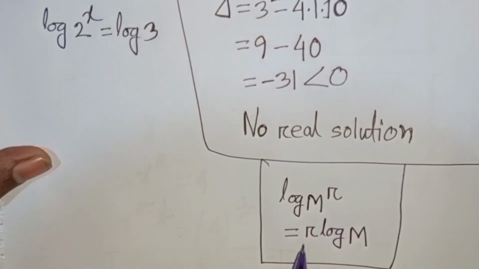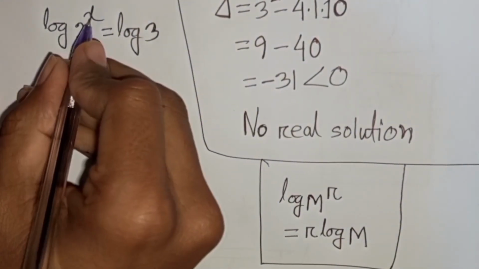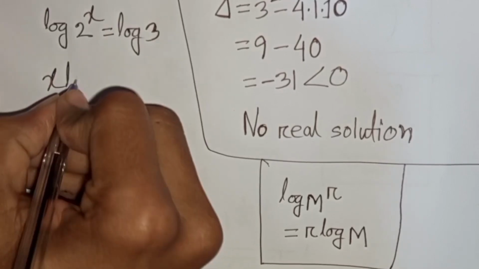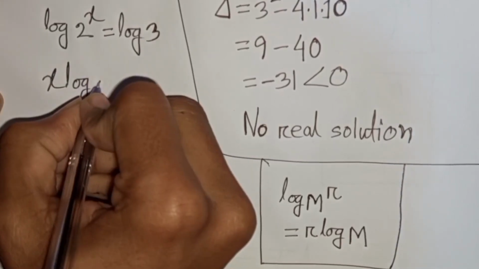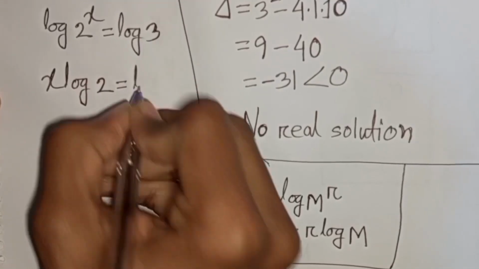That means this power moves to the front. So according to this rule, this power x will move to the front. So you can write x log 2 is equal to log 3.